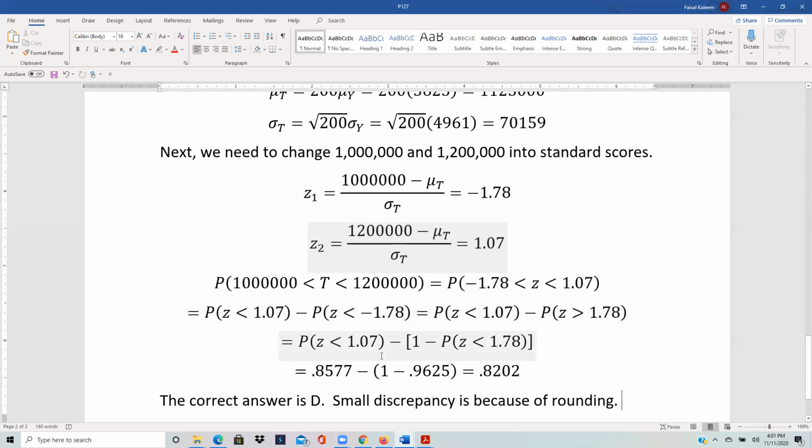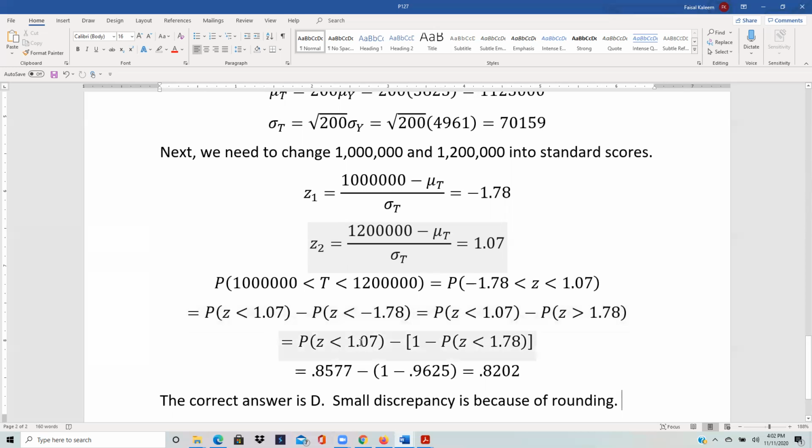Again this inequality is going the wrong way, so we change it into 1 minus the probability Z less than 1.78. Strictly speaking it should be less than or equal to 1.78, but in continuous distributions it makes no difference whether you include the equals or not.